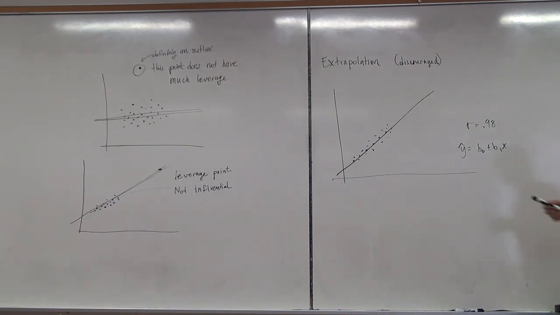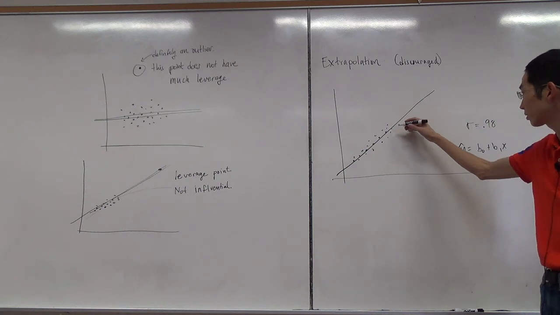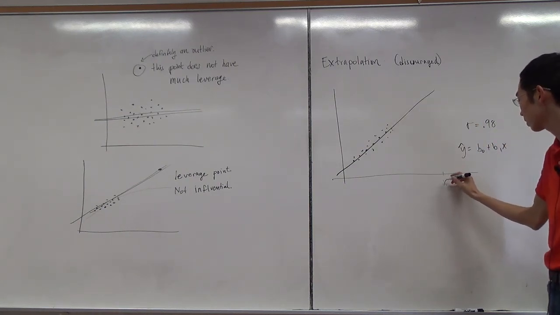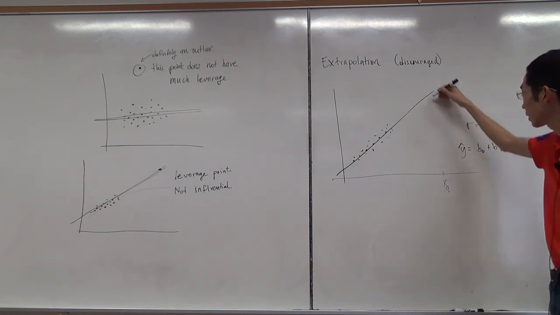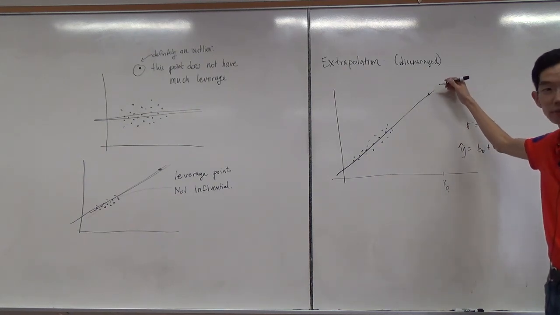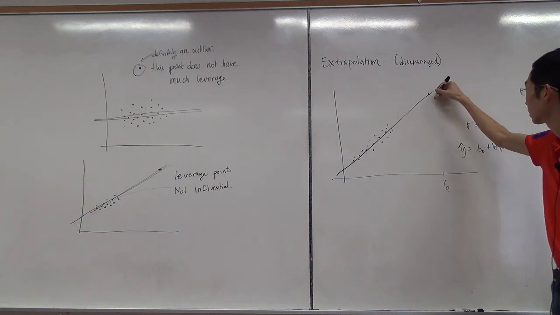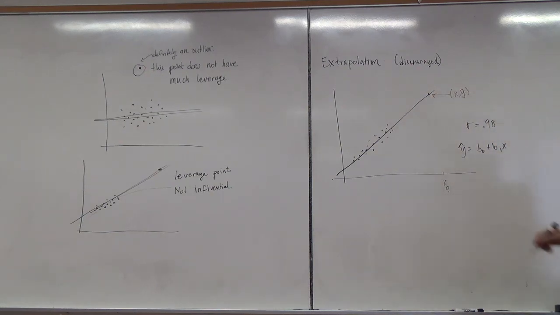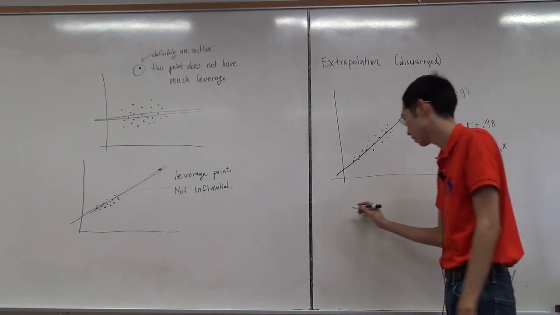We then might be tempted to use the linear regression model to say, well, what would happen if x was all the way out here? Our prediction for y would then be here. However, we don't know if the linear regression model holds outside of the zone where we have collected data.